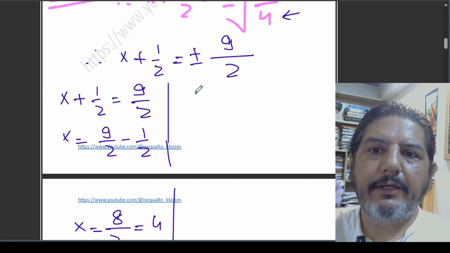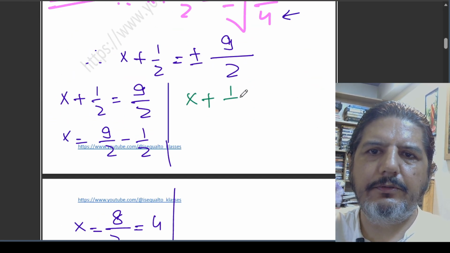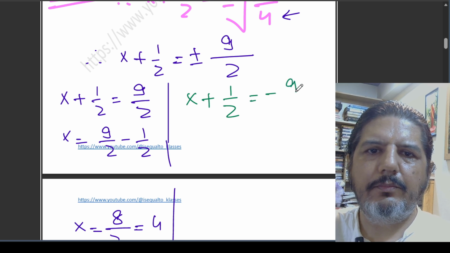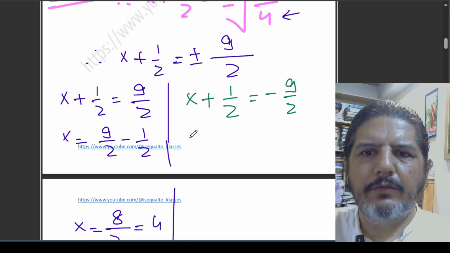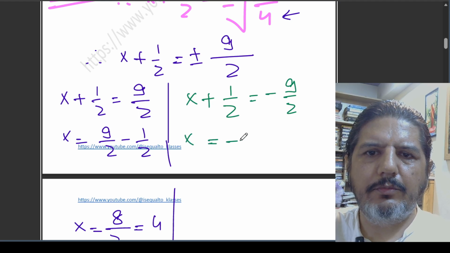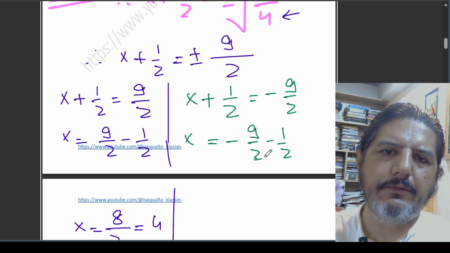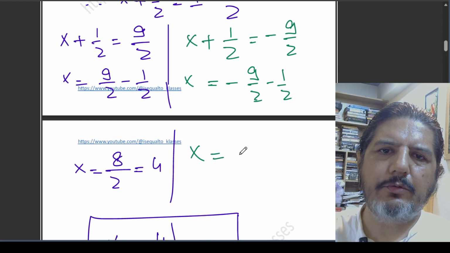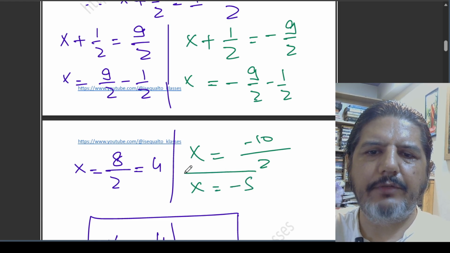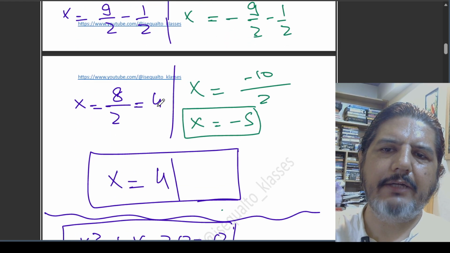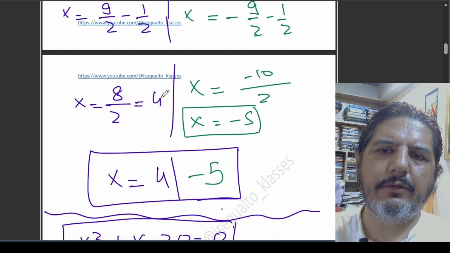So in second case, I'll have x plus half is equal to minus 9 by 2. By mistake, I had written minus here. So now x is equal to minus 9 by 2 minus half. X is equal to minus 10 by 2, so x would be equal to minus 5. So the two answers that I have are 4 and minus 5.